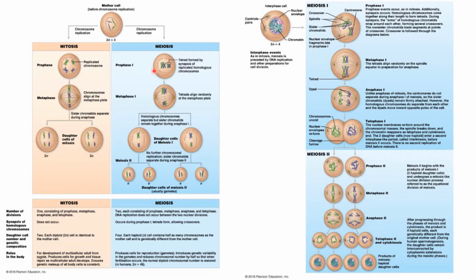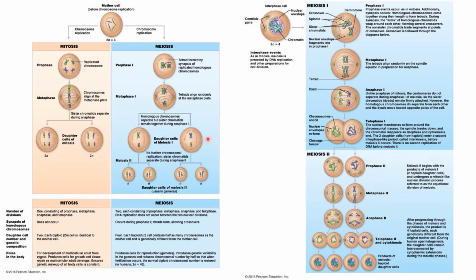So we call it meiosis 1 and meiosis 2. In meiosis, the parent cell is going to divide once, and we're going to get two daughter cells that are now going to be haploid because they are going to carry half the number of chromosomes.